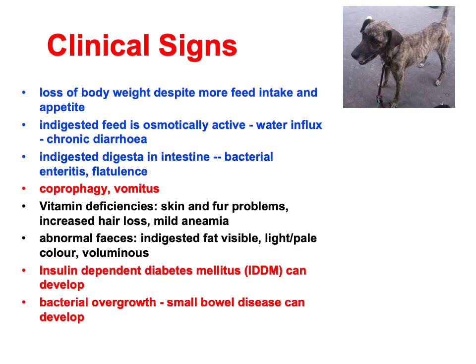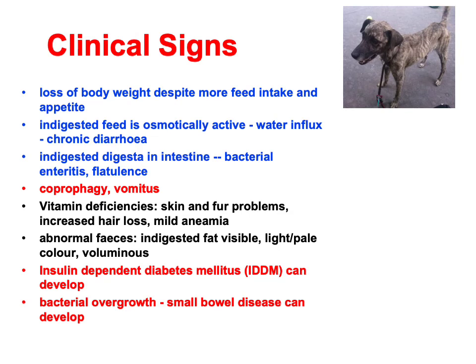The clinical signs of the EPI are loss of body weight despite more and more feed intake and higher appetite. The ingested feed is osmotically active, which will cause water influx and a chronic diarrhea.